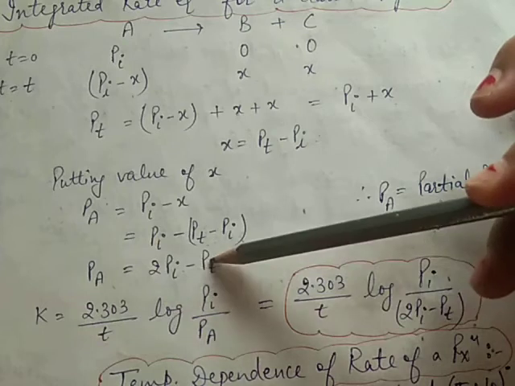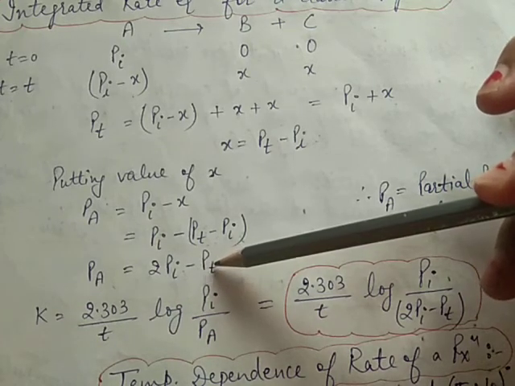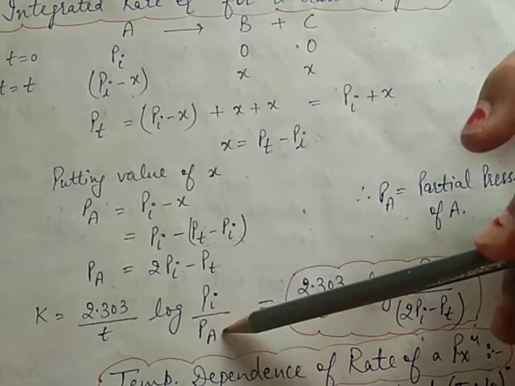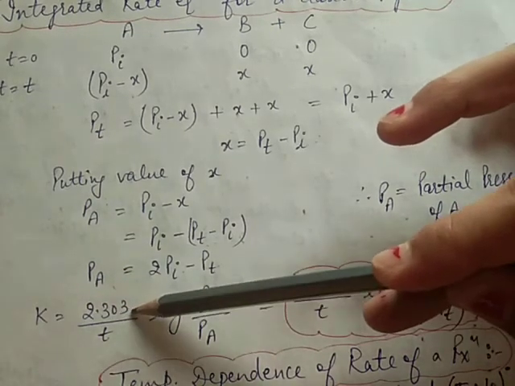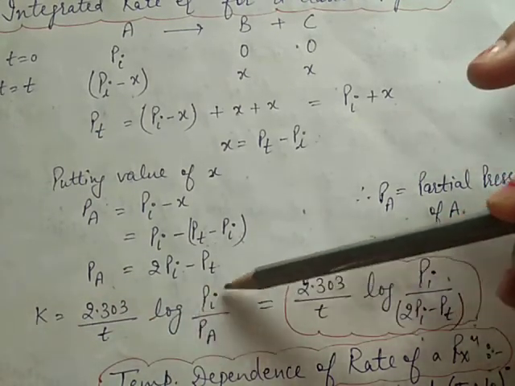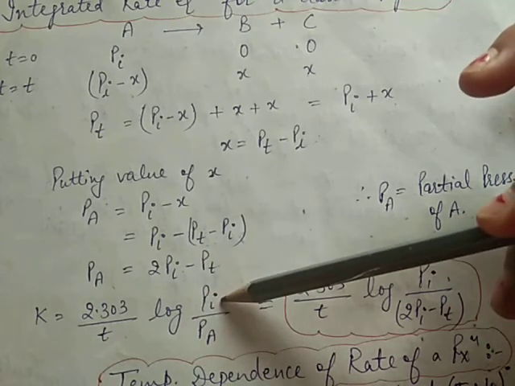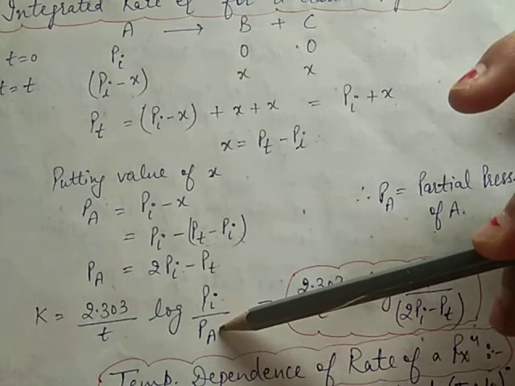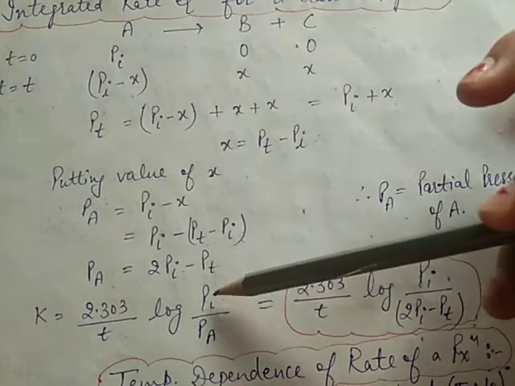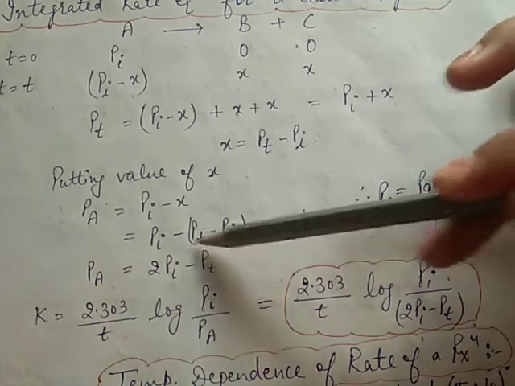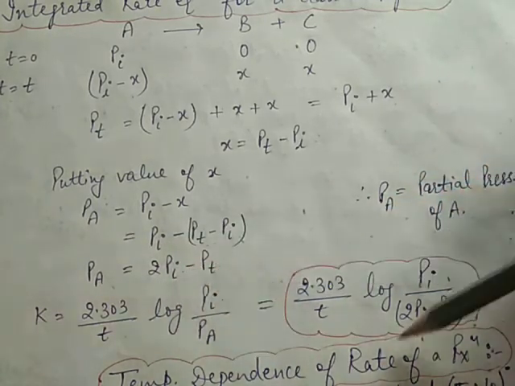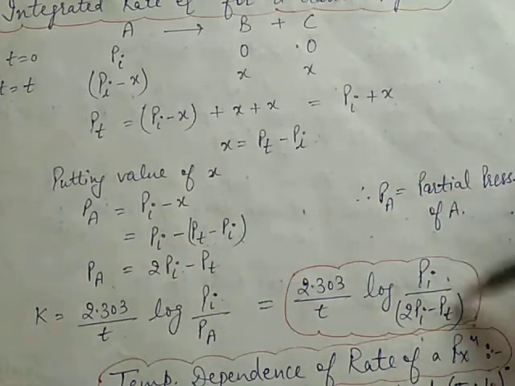Putting the value of the partial pressure of A in the first order reaction, K is equal to 2.303 by t log of the initial pressure of A divided by the pressure of A at time t, meaning Pi here and PA becomes 2Pi minus Pt.